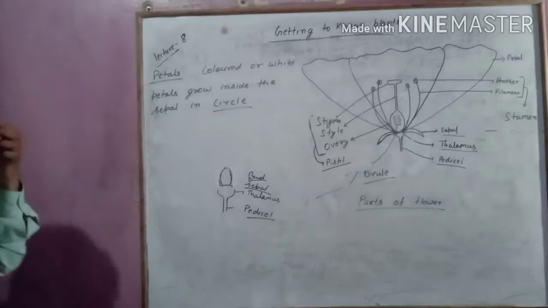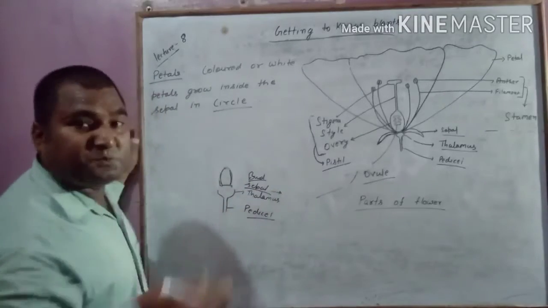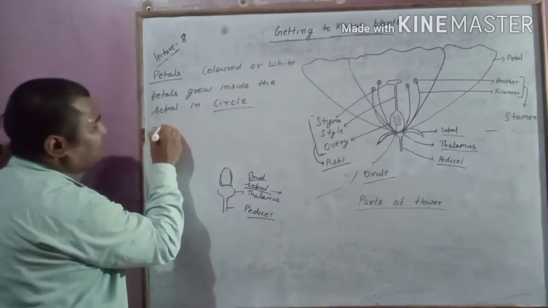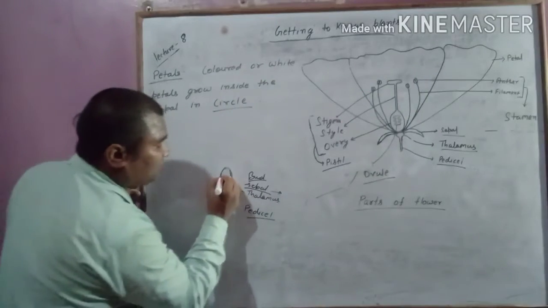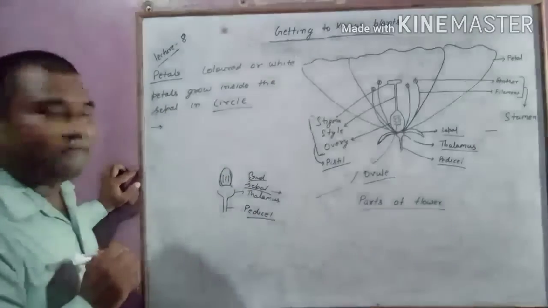So these are called petals. So the function of sepal was to protect the flower. Okay. The function of petal is to protect the reproductive part, because inside there is the reproductive part of the flower.